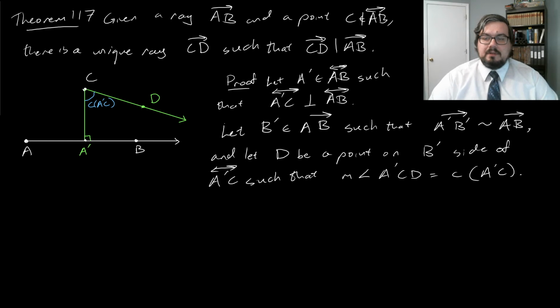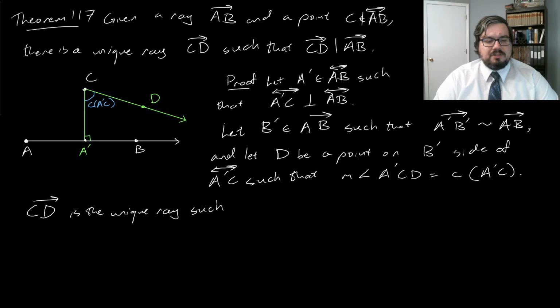Now, or rather, from all of our work on the critical function earlier, we have that the ray CD is the unique ray such that the ray CD is critically parallel to the ray A prime B prime.